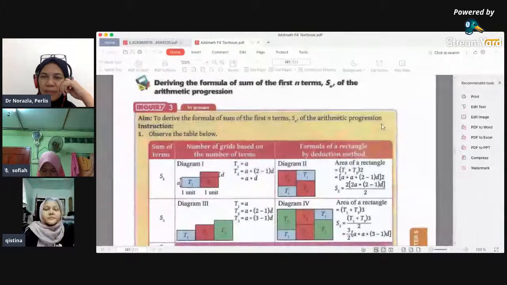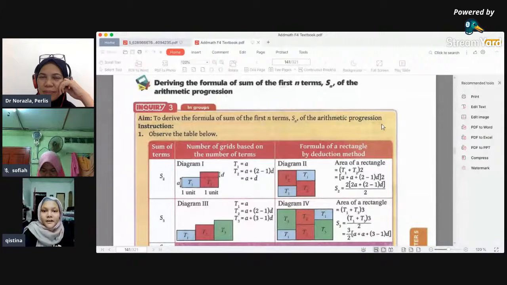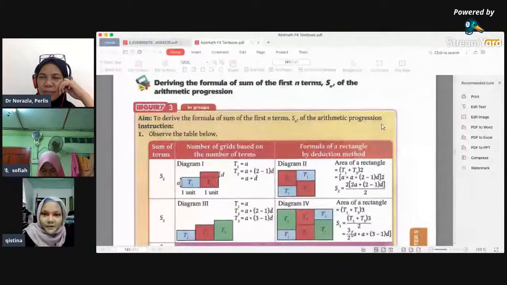Okay, today I will explain inquiry 3 about deriving the formula of the sum of the first n terms, Sn, of the arithmetic progression.